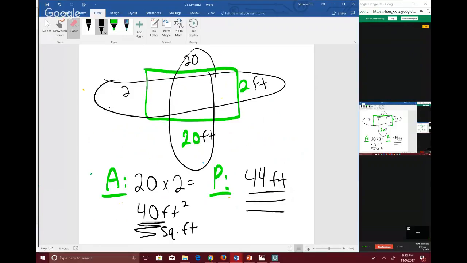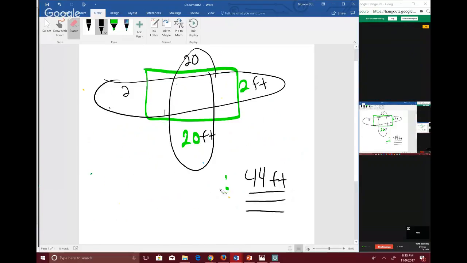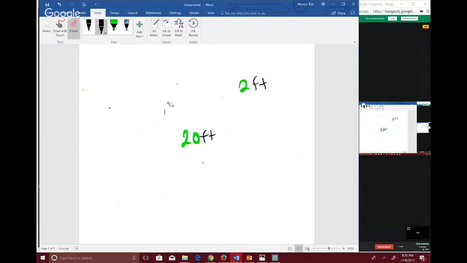So let's think about a backwards rectangle before we move into our irregular rectangles. A backwards rectangle is not going to refer to an actual backwards rectangle. It's going to refer to them delivering you the problem backwards.